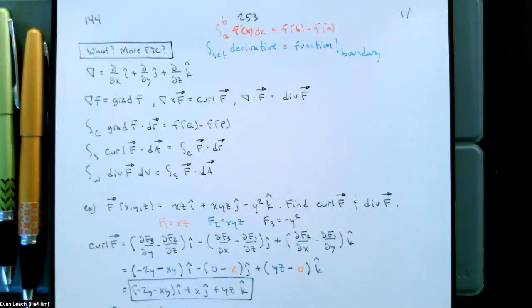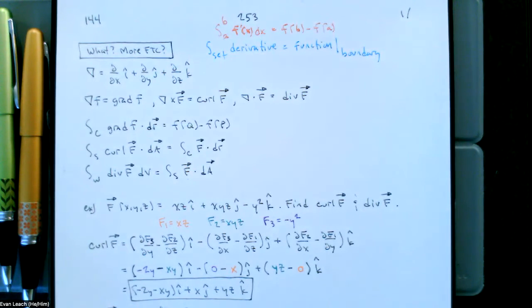But we can integrate our vector field over a curve or over a surface. We can integrate a vector field over a curve, a one-dimensional curve, or a two-dimensional surface.